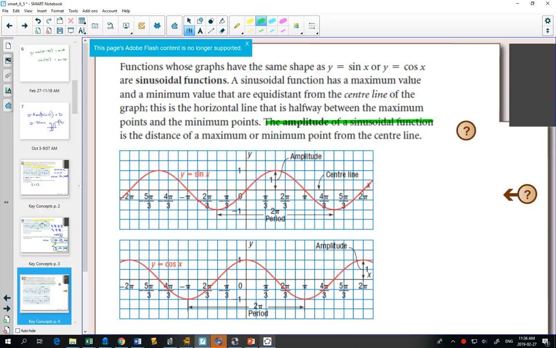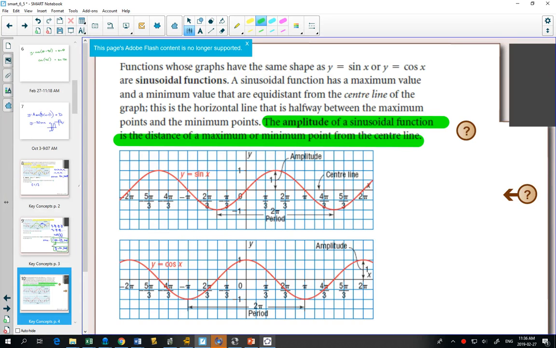Ooh, that's a little highlighter. Let's go bigger. The amplitude is the distance from the center line to a maximum or a minimum. So the amplitude of our function is this distance.